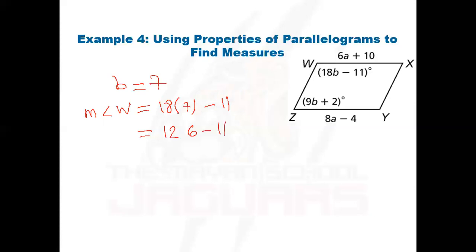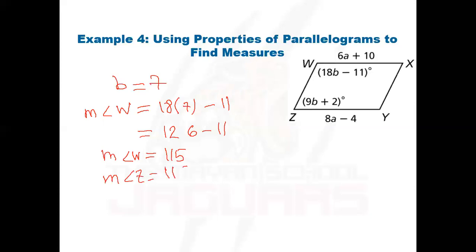And 126 minus 11 is 115 degrees. So the measure of the angle W is 115 degrees. And in the same sense, the measure of the angle Z is equal to 115 degrees.